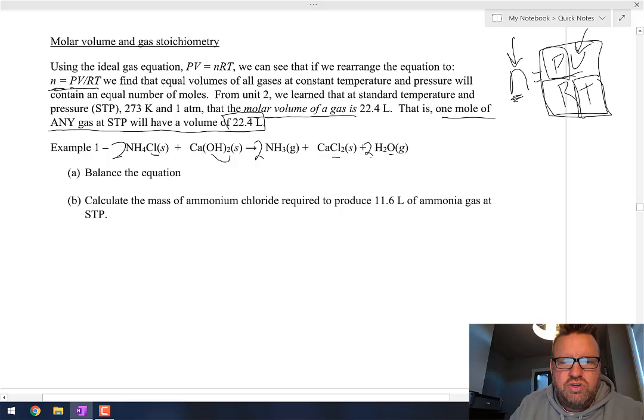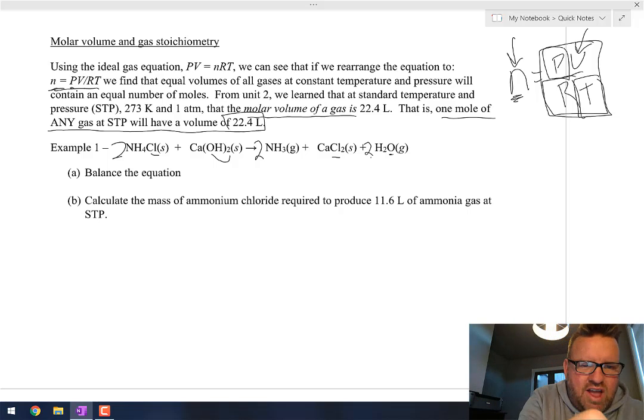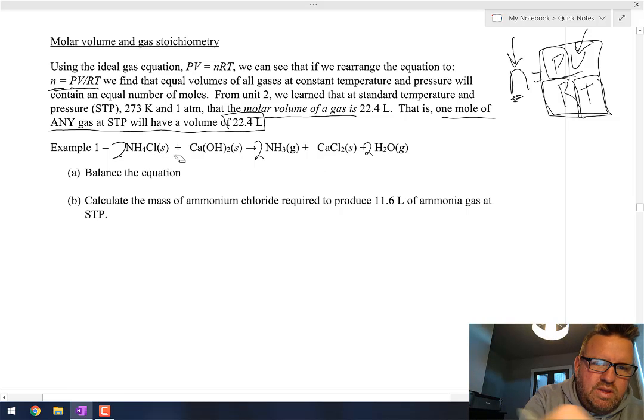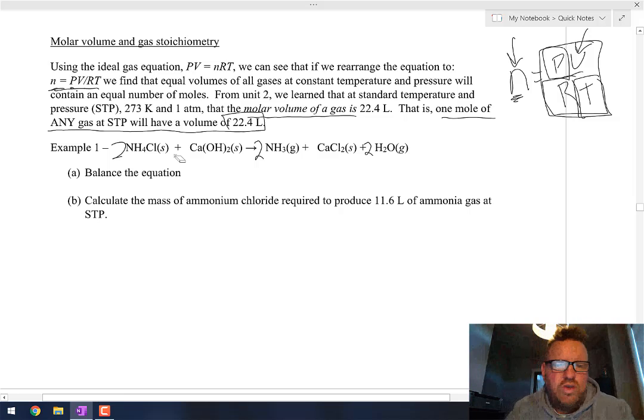So we'll put a 2 right there. Now, typically when you fix everything else, hopefully that fixes the hydrogens as well. 2 times 4 is 8, plus another 2 is 10, and then we have 6 plus 4 is 10. So the equation is now balanced. Okay, so it goes 2, 1, 2, 1, 2.